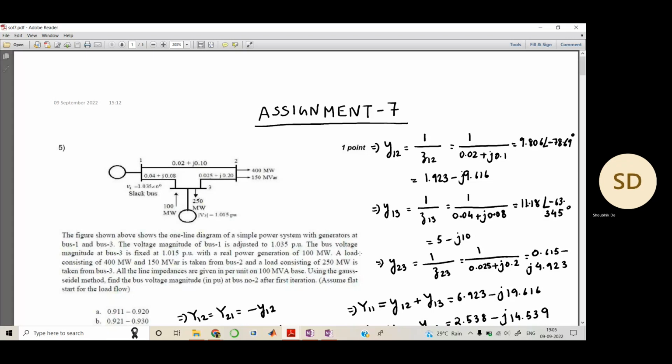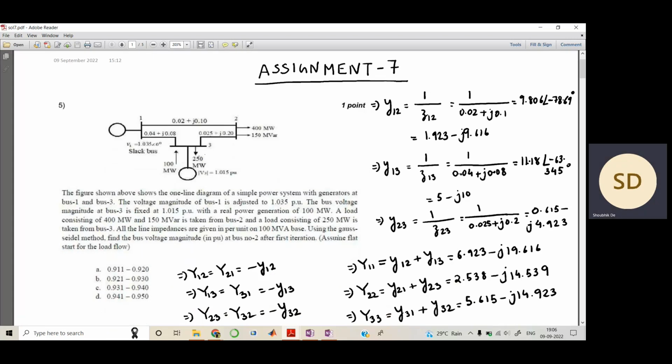Okay. Now going to the next statement. A load consisting of 400 megawatt and 150 megavar is taken from bus number 2, and a load of 250 megawatt is taken from bus number 3 itself. As you can see in the diagram, everything is clearly written, and they have told us the base MVA to be considered is 100 MVA, right?